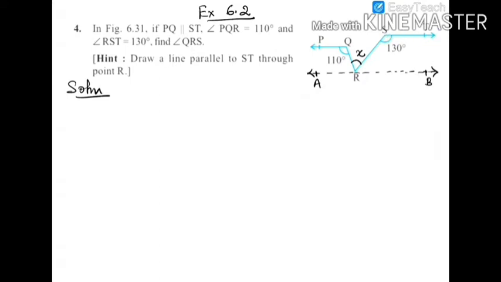Since ST is parallel to AB and SR is a transversal, angle TSR and angle SRB form co-interior angles. So their sum should be equal to 180 degrees.